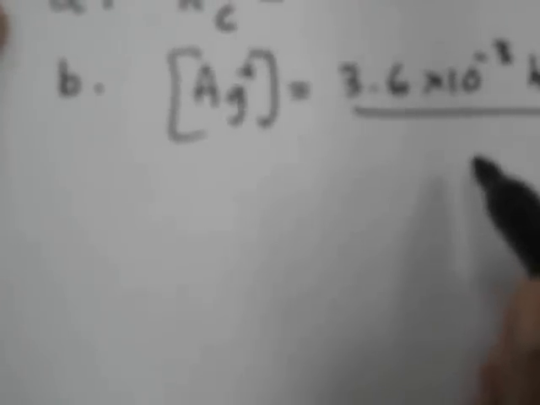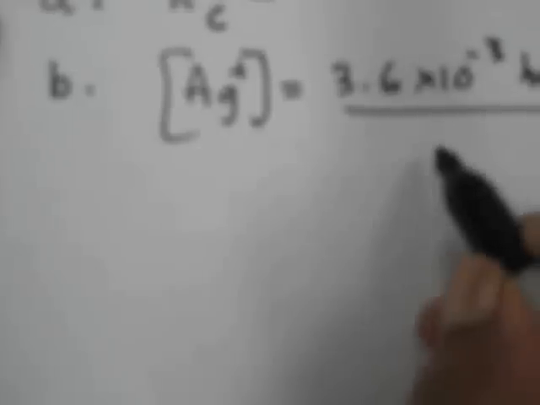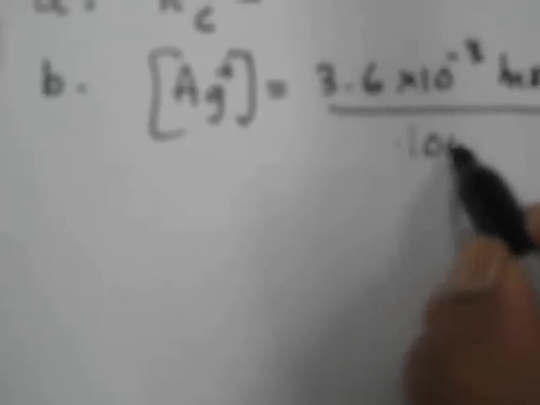B, total moles of silver present initially. The initial moles of silver ion and ammonia are given, but remember the moles are given, so the silver ion concentration will be 3.6 times 10 to the negative third moles over, it's in 100 milliliter solution, so 0.100 liters.